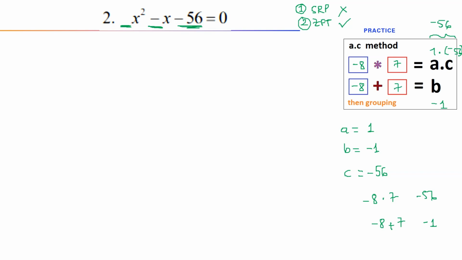Now what is the next step? Rewrite. So we will have x squared minus x minus 56 equals 0. Rewrite: x squared plus ax minus 7x minus 56 equals 0.